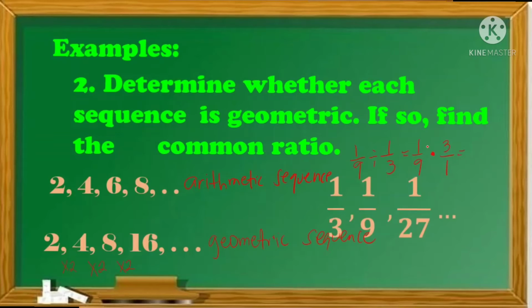So it will become 3/9 or 1/3. So our common ratio is 1/3. To check, 1/3 times 1/3 is 1 times 1, 1, 3 times 3, 9. 1 over 9 times 1 over 3 is equal to 1 over 27. So our common ratio is 1/3.